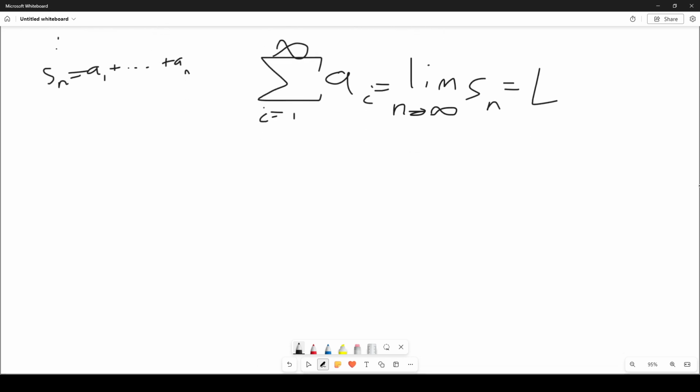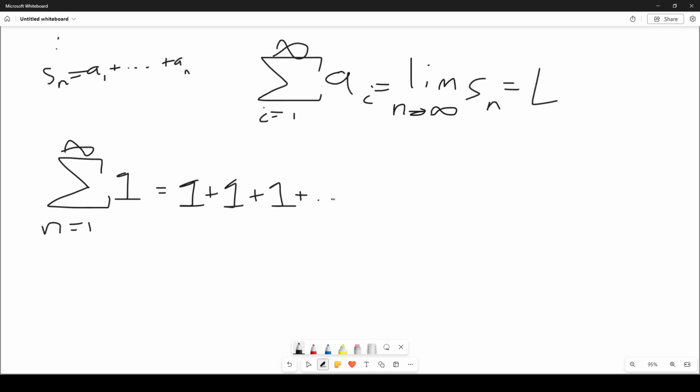So let's consider some basic examples. Let's consider the sum from n equals 1 to infinity of just 1. What this means is 1 plus 1 plus 1 over and over again forever, right? As one might guess, this is clearly going to diverge, right, to infinity. Let's try to rigorously prove that.